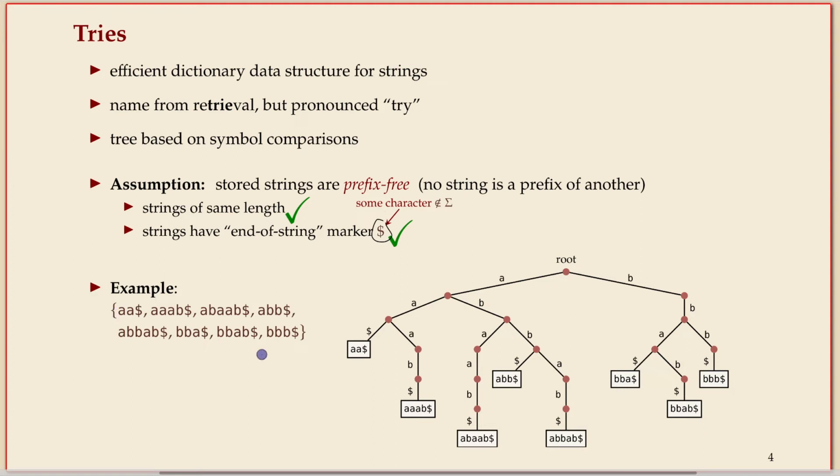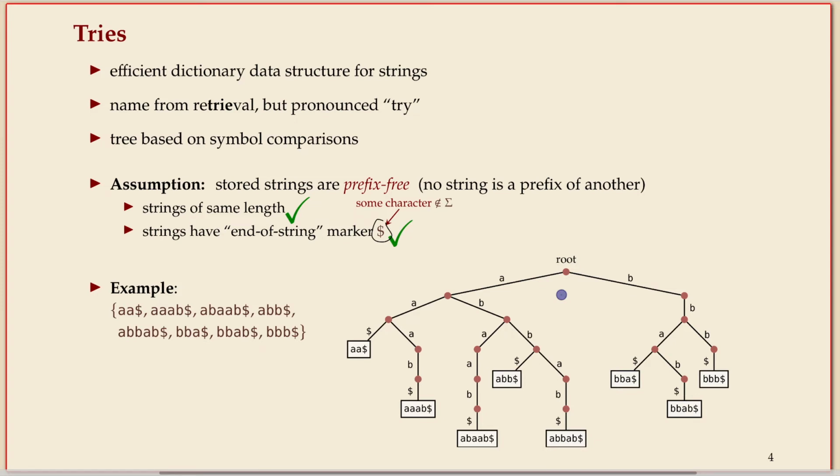Here's an example of such a set of strings where we added the character at the end, so they're all prefix free. And now, what is a try? A try is a tree where we have a root, and then the child edges of each root are labeled with one character.